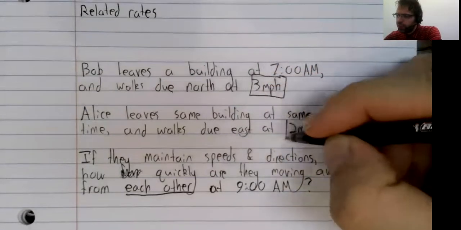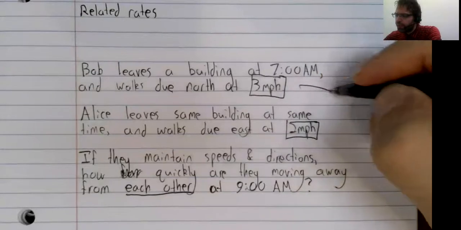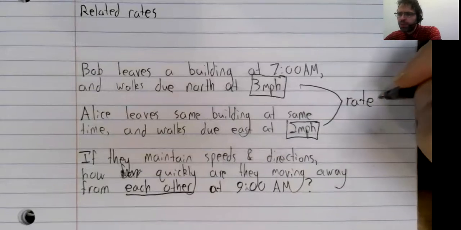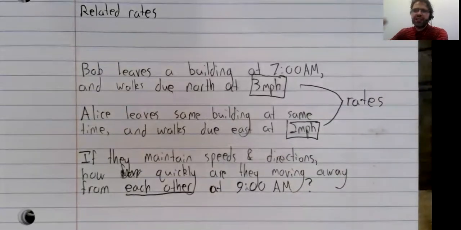So 3 miles per hour and 2 miles per hour are both rates. And now we'll ask a question where we need to find a third related rate. Assuming they maintain their speeds and directions, how quickly are they moving away from each other at 9 a.m.?